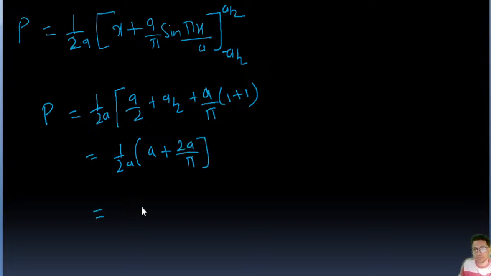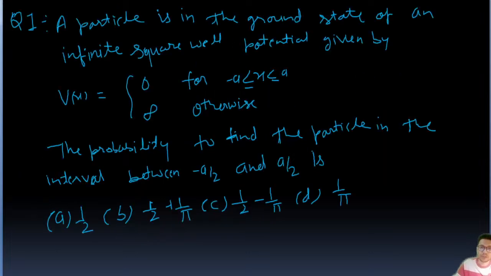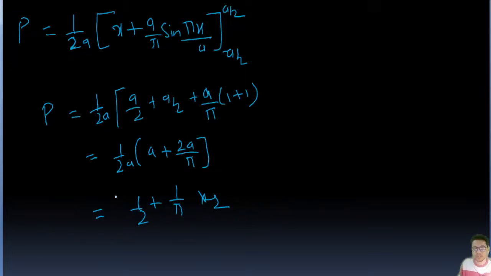So this is going to be 1 by 2 plus 1 upon pi. So this is the answer. Which option is matching? Let's see. Option number B is matching, 1 upon 2 plus 1 upon pi. Okay, very good question and simple as well. Next question.